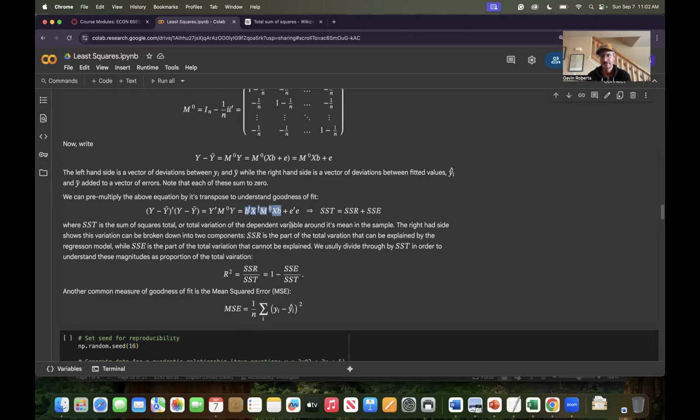That's what I have highlighted right now. The total variation in your dependent variable can be subdivided between the total variation explained by your model and the part of the variation that remains and is unexplained by your model.